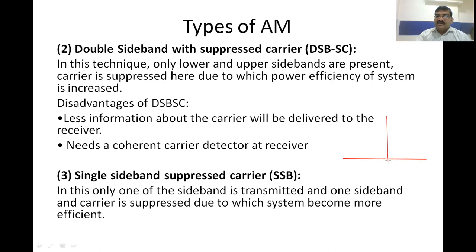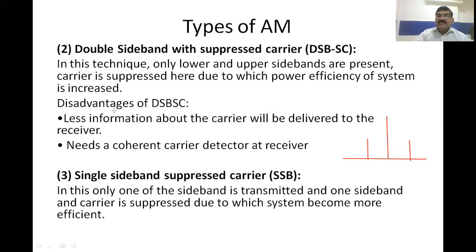Here center, that is FC, and this is one of the sidebands and this is the lower sideband. This center frequency FC, we are suppressing, and we are sending both the sidebands, this sideband as well as this sideband. This is on the frequency scale, and this is the amplitude. So on the frequency scale, this is your center frequency, lower sideband and higher sideband.